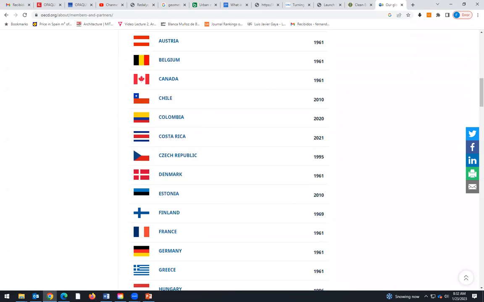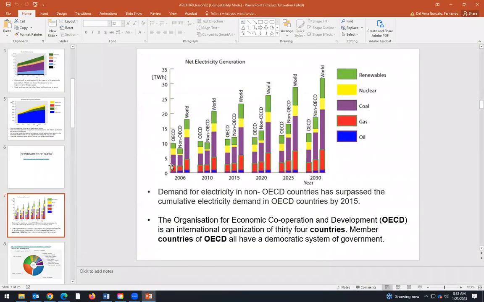Until the beginning of this century, those countries generated most of the energy of the world. But after 2010, that changed. By 2015, the countries that don't belong to this club generated more electricity than the developed countries.